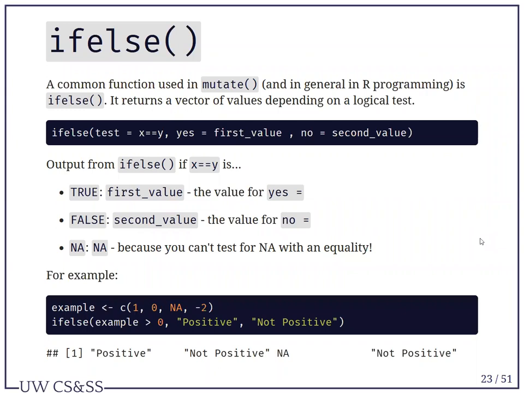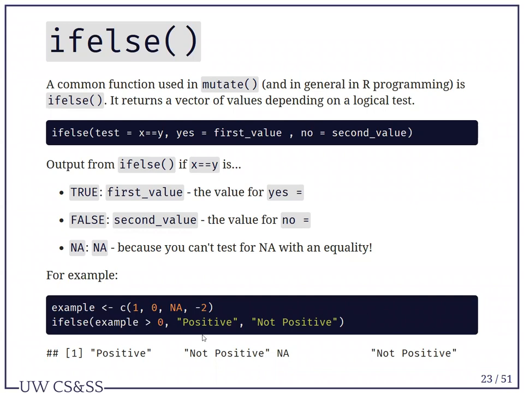So for example, we can make a vector with the elements 1, 0, NA, and -2. And then in the if else function, we'll say the test is example greater than 0? If it is, then it's a positive number. If it's not, then it's not positive. Okay.